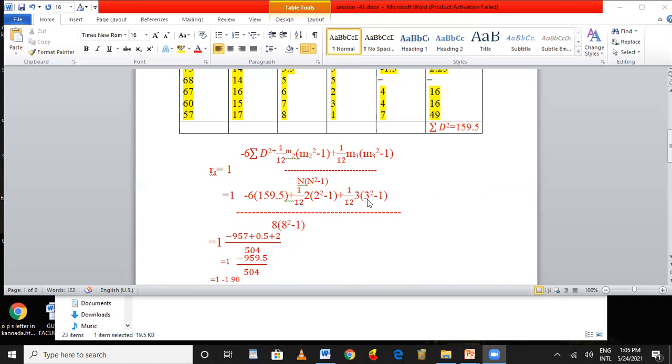Here, 3 square is 9, 9 minus 1 is 8, 8 into 3 is 24, 24 divided by 12 comes to 2.